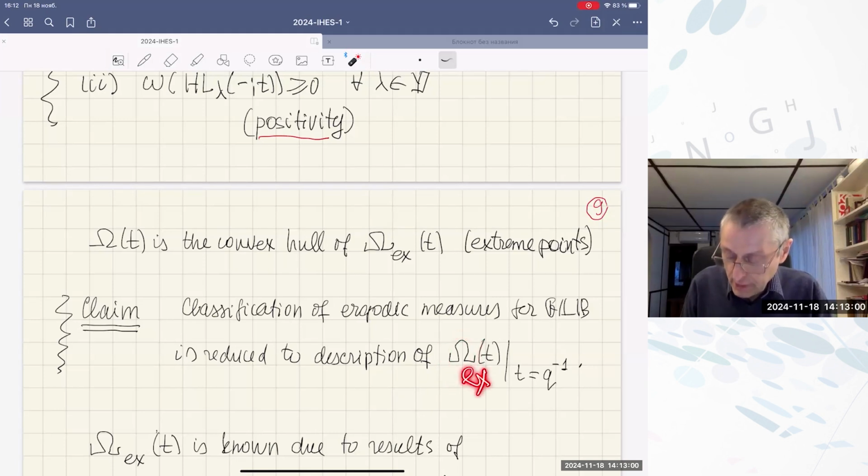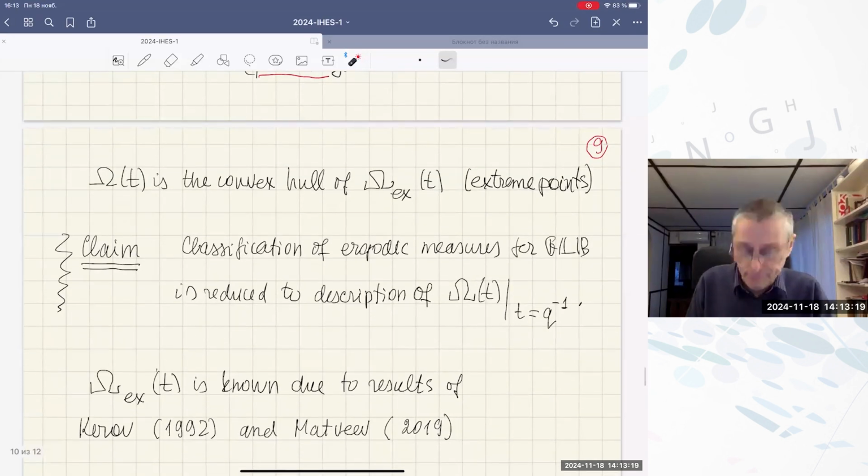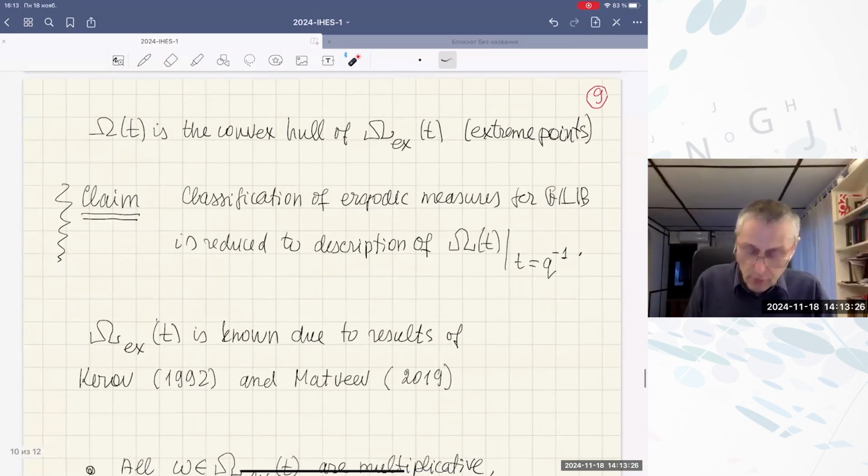I forgot to write extreme points for the value of the parameter t equal to the inverse of q. So this is in our interval. So we need to understand what this is. But it turns out, fortunately, that it's known. This object was introduced essentially by Kerov in a paper by Kerov.